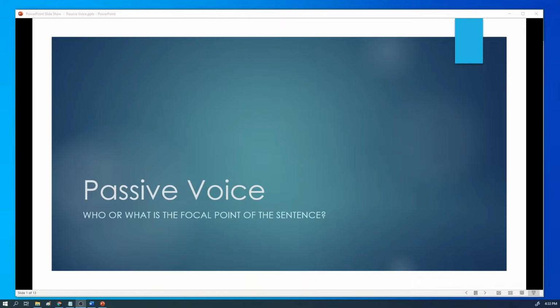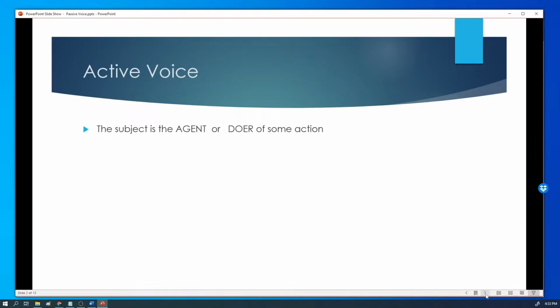Okay, so the passive voice. This is all about what is receiving the focus of attention in the sentence. With the active voice, that's the way that we usually talk or write.